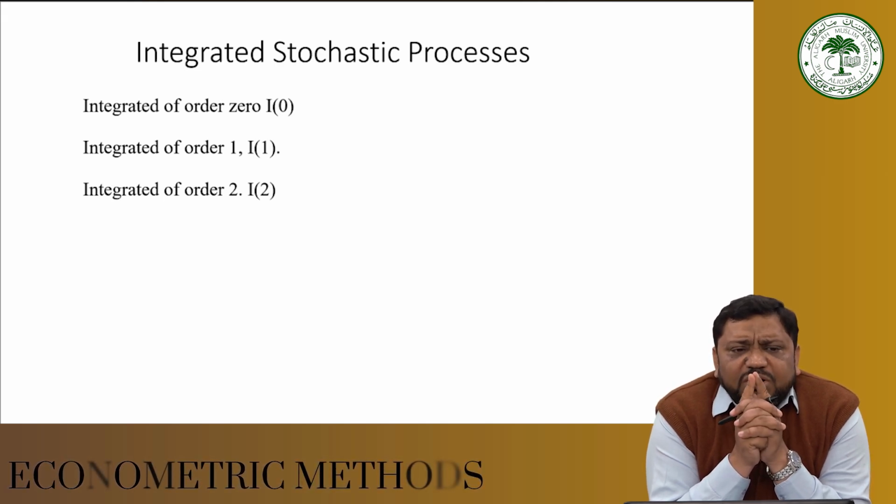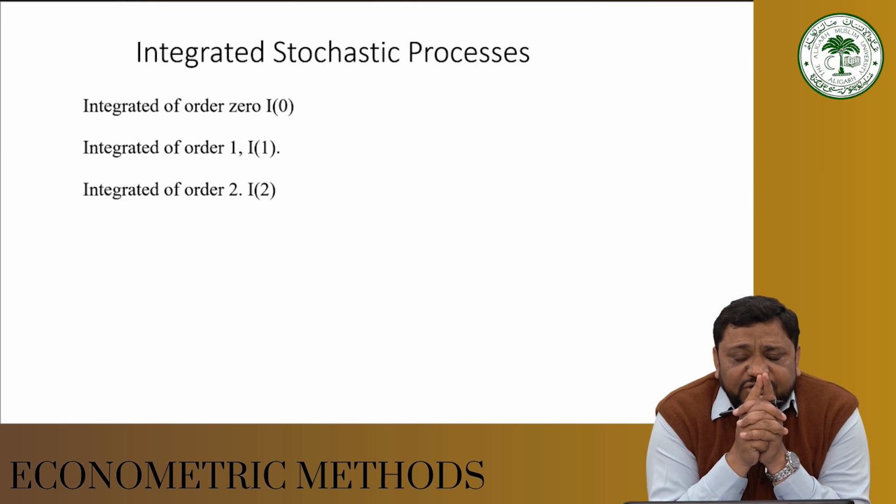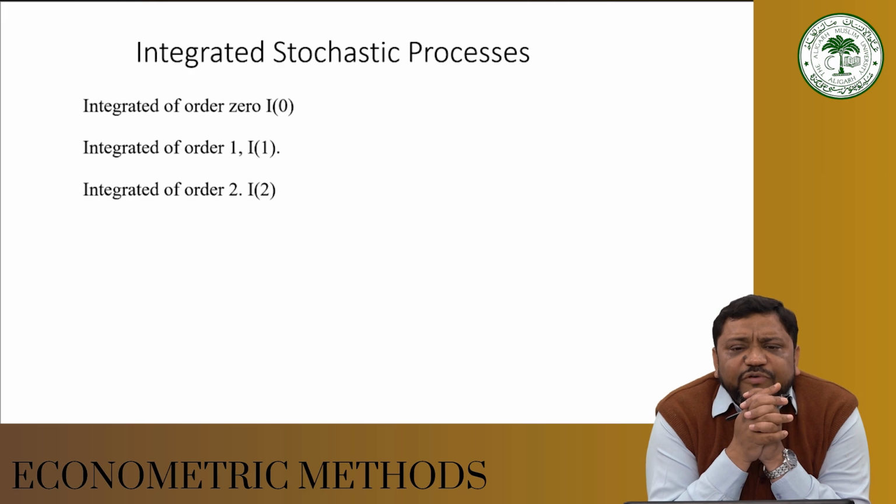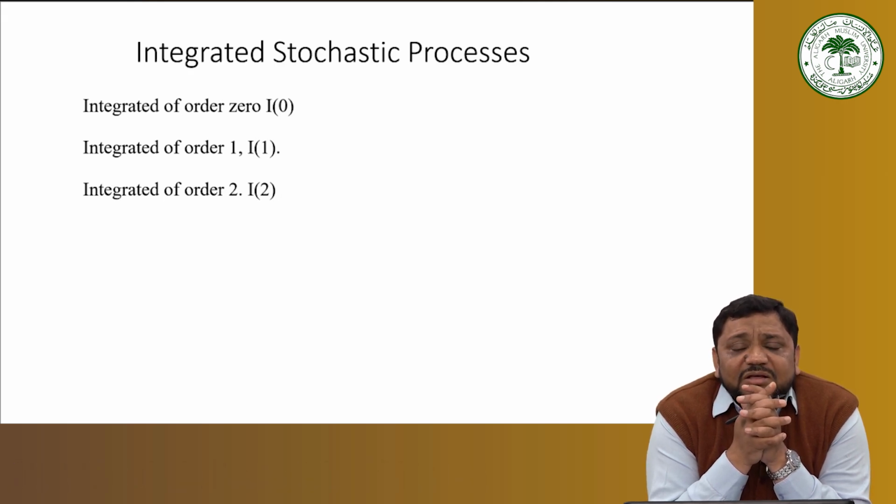The random walk model with drift was not stationary, if you recall our discussions, but at first difference it can become stationary. Therefore, we call this random walk model without drift I1. I1 means integrated of first order, meaning that if we do the first order differencing, it will go away.